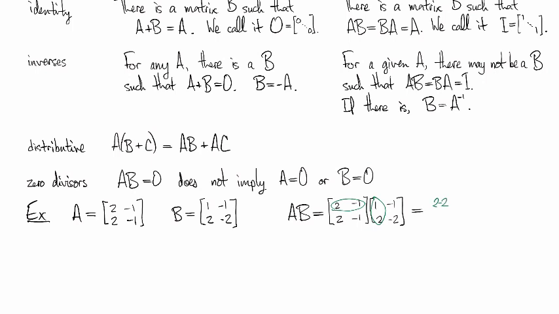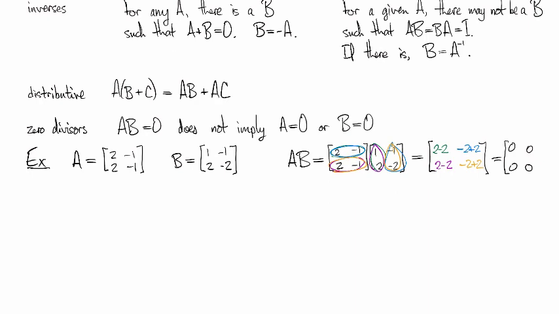Then this one dotted with this one, so we have minus 2 plus 2. Then this one dotted with this one gives us, again, 2 minus 2. And then this one dotted with this one, that's minus 2 plus 2. So you can see that we're going to get a 0 in each place, the zero matrix. But A and B are clearly not equal to 0.